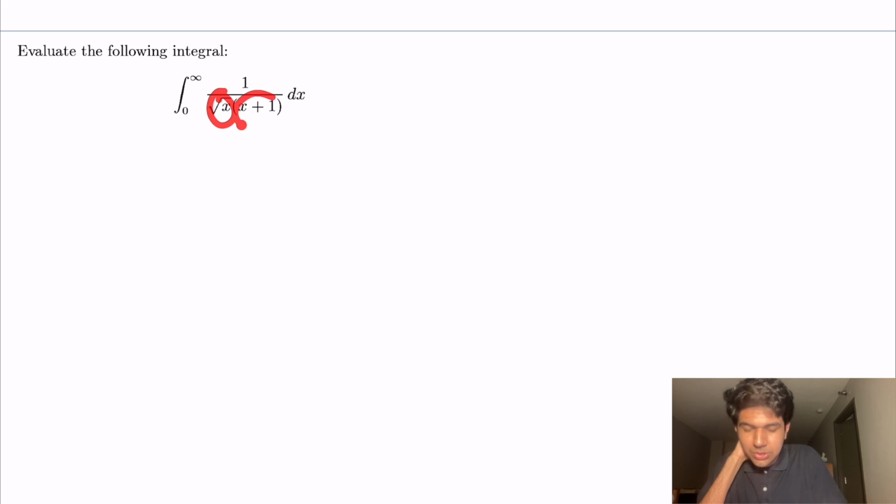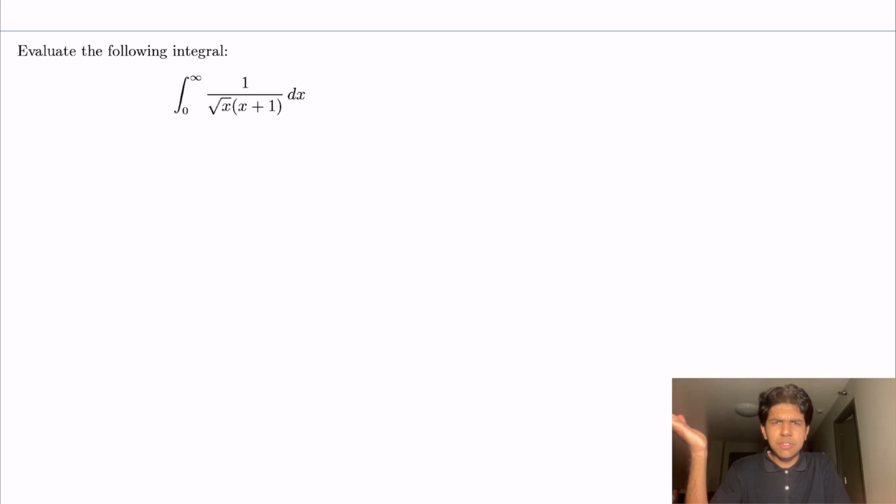If either of these two terms are 0, then our denominator is 0. This first term is equal to 0 when x is equal to 0. The second term equals 0 when x equals -1. However, -1 is not in the interval from 0 to infinity, so we don't really have to worry about that. 0, however, is. So that's something to be aware of.